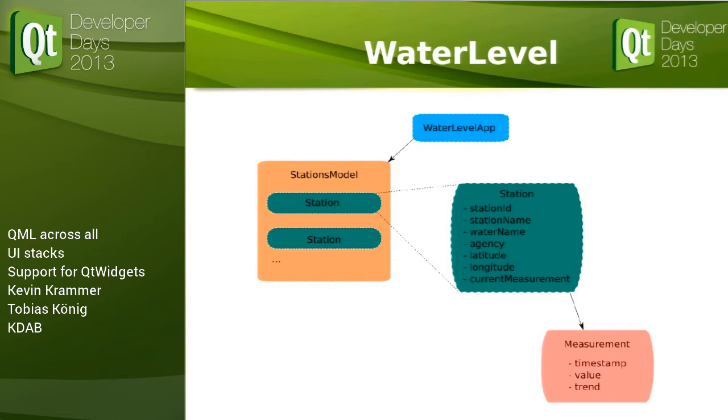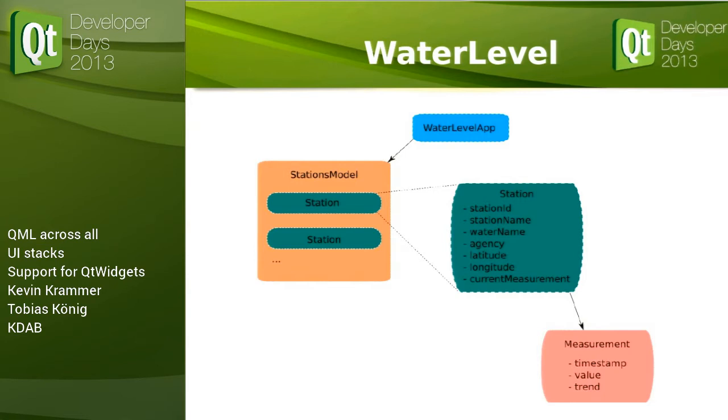It has a couple of roles where you can get information about each station, like the unique ID, the name of the station, then the water agency, which is responsible for running the station, and also where the station is located with latitude, longitude. And the most important part is, of course, the current measurement.